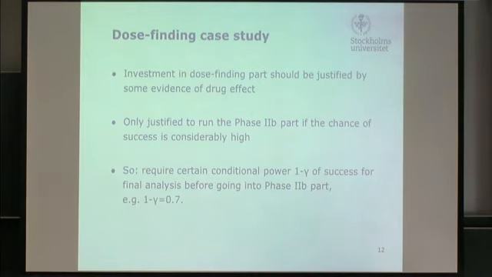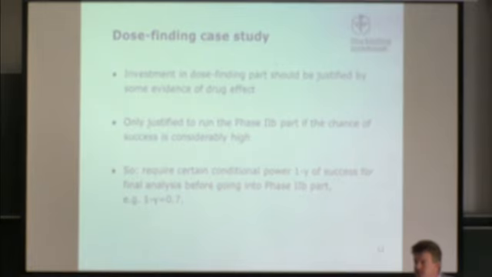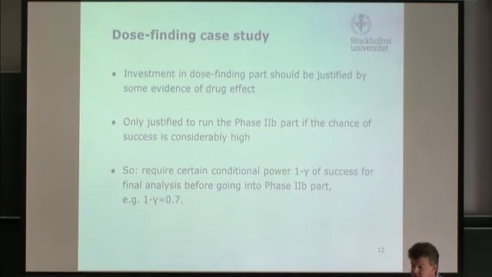So, from the investment perspective, when thinking about the study and about the interim analysis, the dose-finding part is usually larger. So we want to have some proof of effect before going into the dose-finding part, and only justify, from an investment perspective, to run this phase 2b part if there is sufficient chance of success for the drug.